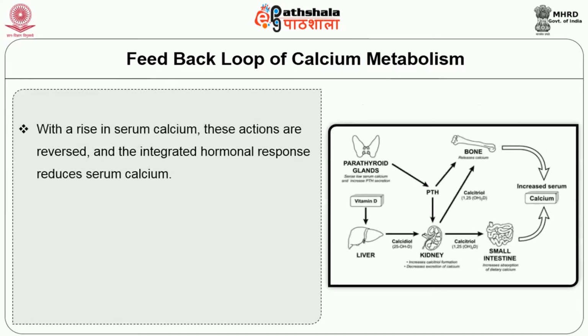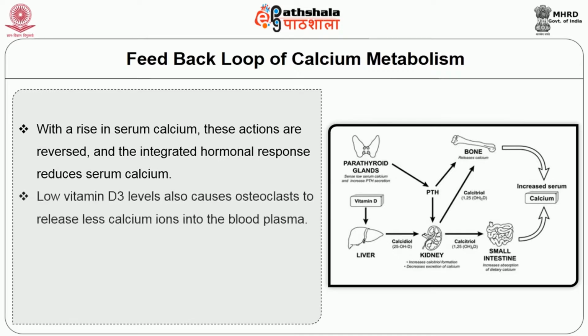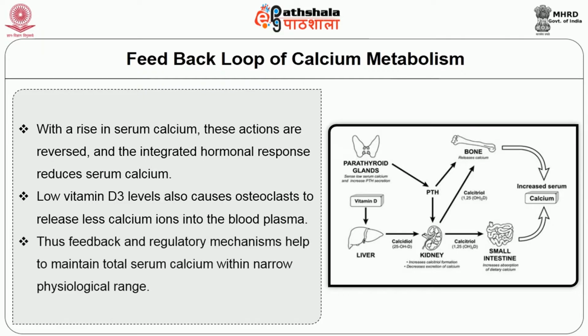When you have a rise in serum calcium, these actions get reversed and the integrated hormonal response reduces the serum calcium. When there are low vitamin D3 levels, it also causes the osteoclast to release less calcium ions into the blood plasma. Thus, feedback and regulatory mechanisms help you to maintain total serum calcium within a narrow physiological range.